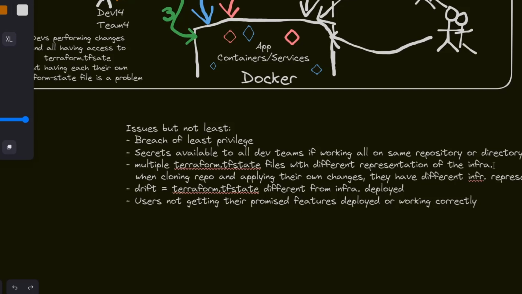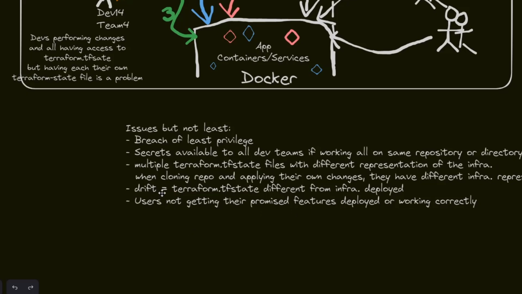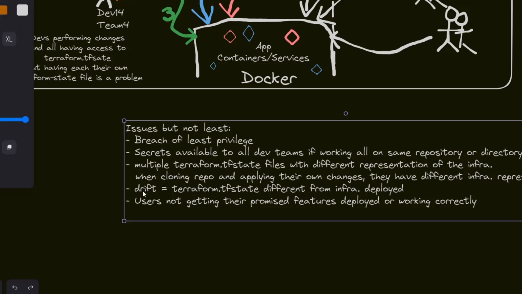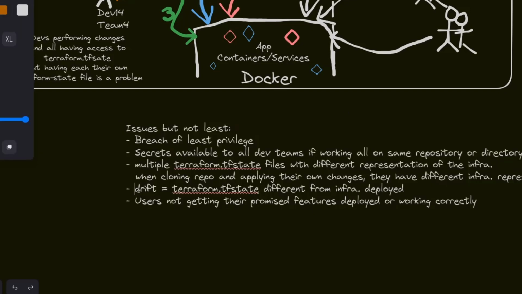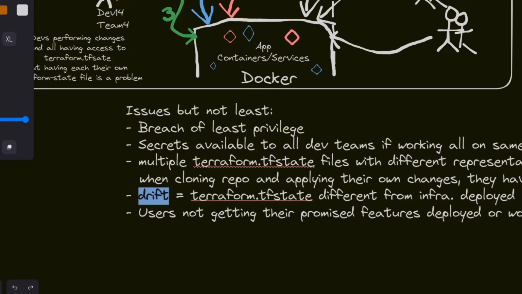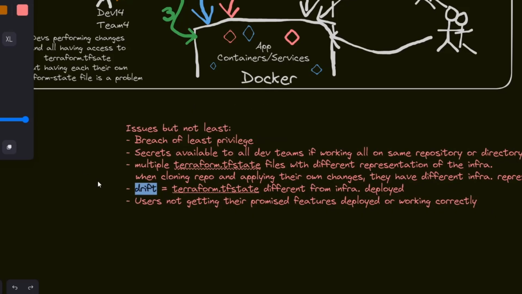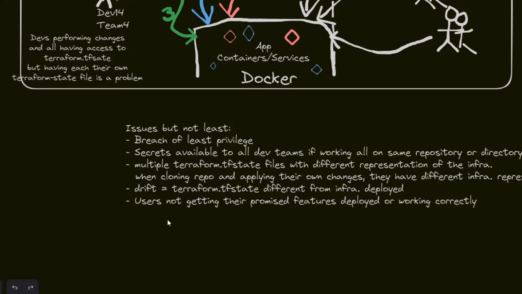So the infra is different in their own local tfstate file. So there's a drift. The terraform.tfstate is different from the infra deployed for some of the developers, while the latest one has the same.